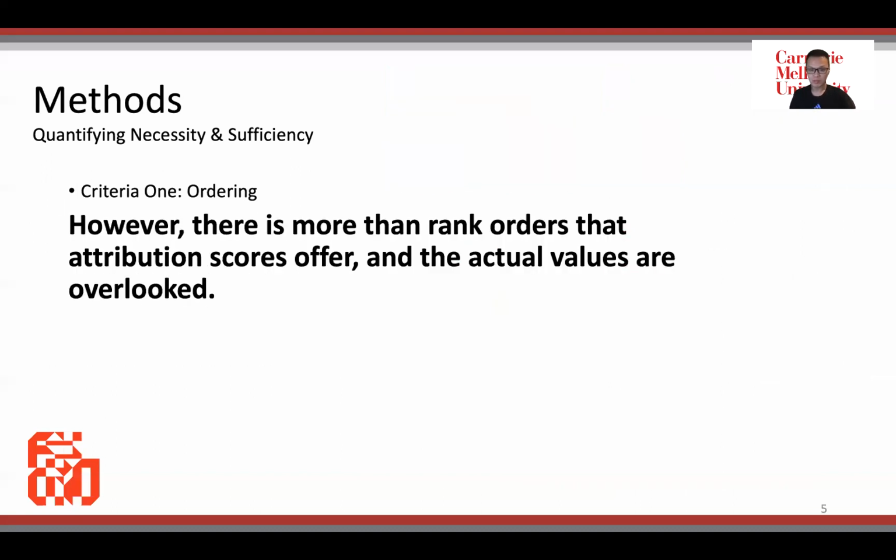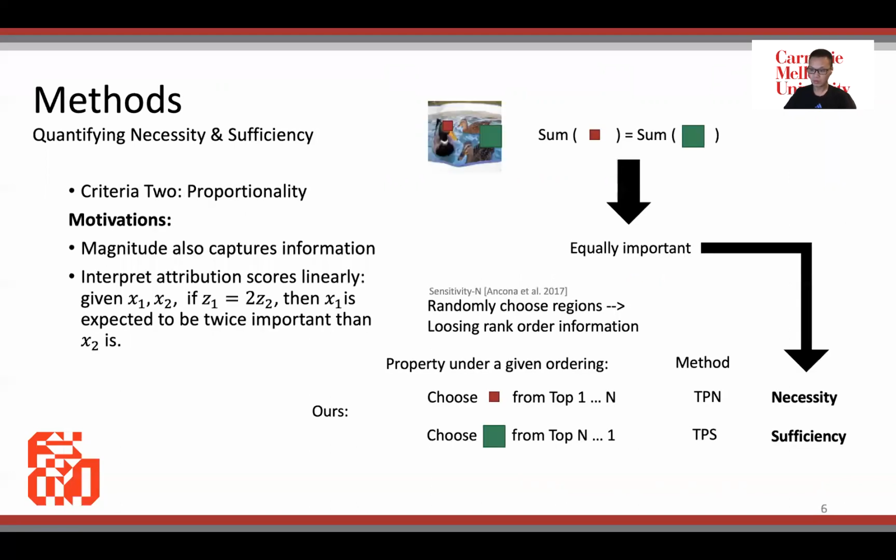However, attribution scores offer more than rank orders, and the actual values are overlooked by ordering criteria. So how do we improve on rank order criteria? We introduce another criterion, proportionality. The motivations are, first, we believe the magnitude of the attribution map also captures information, not just rank orders. Secondly, we want to interpret attribution scores linearly.